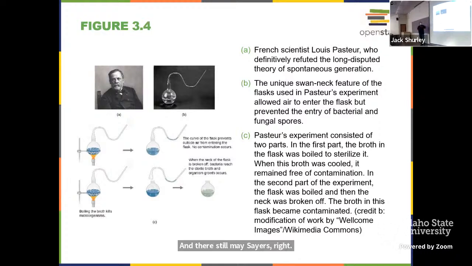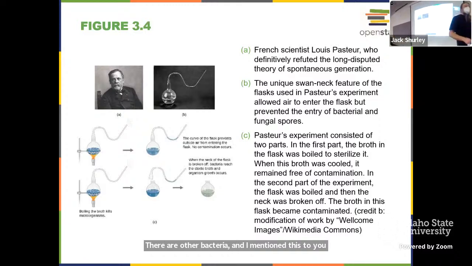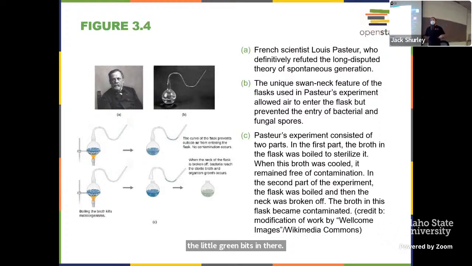So this broth that he cooks up is a meat infusion, all right? There are other bacteria, and I mentioned this to you guys, and we showed those spore-forming bacteria with the little green bits in there. Those spore-forming bacteria, like bacillus, they are all over the place, all right?